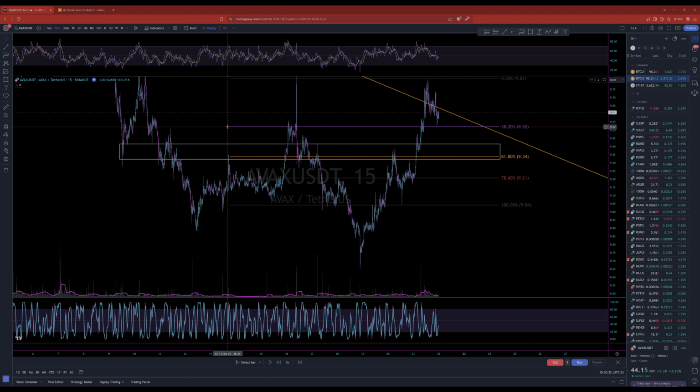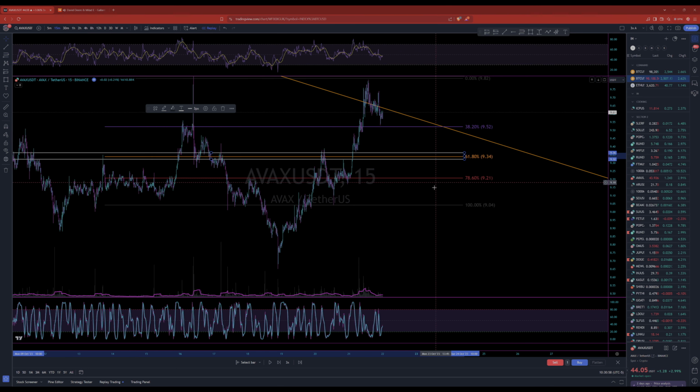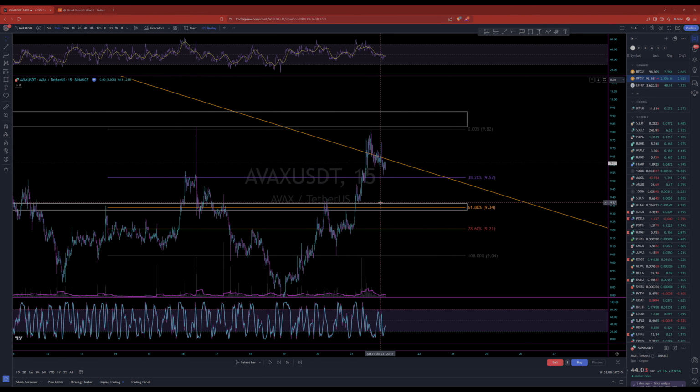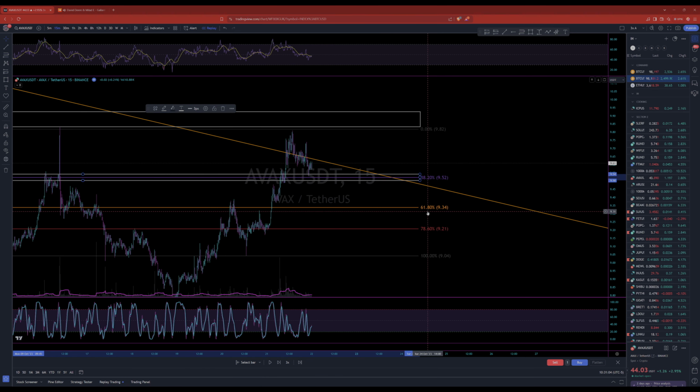You won't see that on the higher time frames. This zone here, rejection, touch, yada yada, touch, rejection, bounce. So we like this area. That's my area of significance.